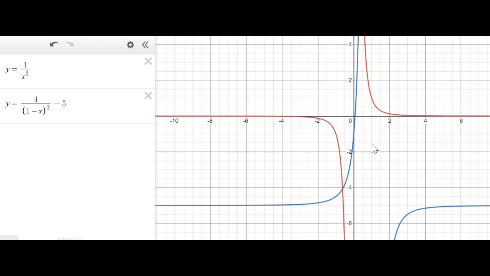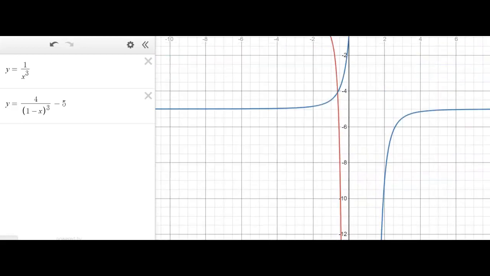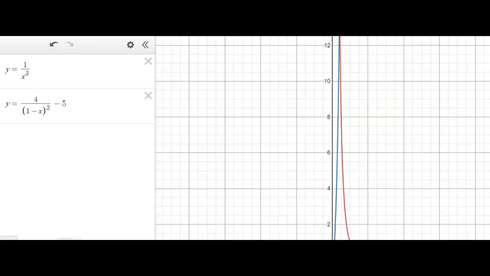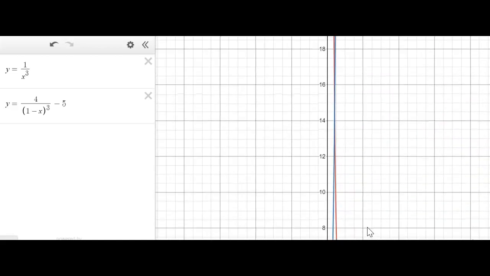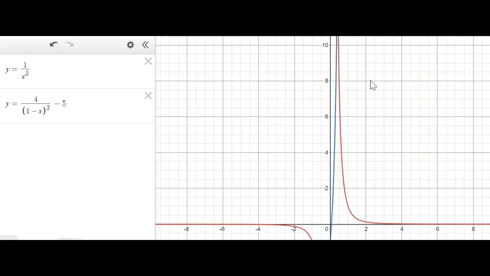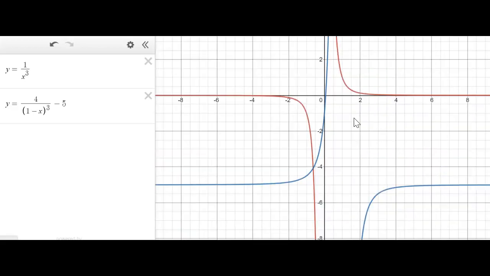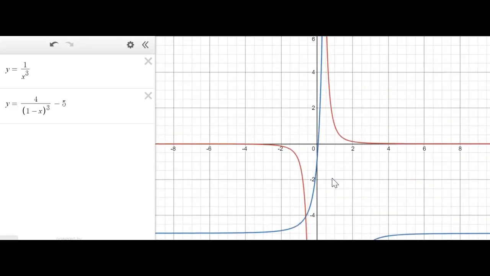And we said it had shifted to the right by 1. Let me just check. Yes. All right, so you can hardly see it. Yeah, we've got an asymptote there at x equals 1, and we've got that reflection there as well. All right, let me just go back.